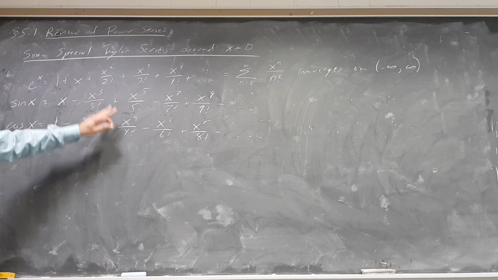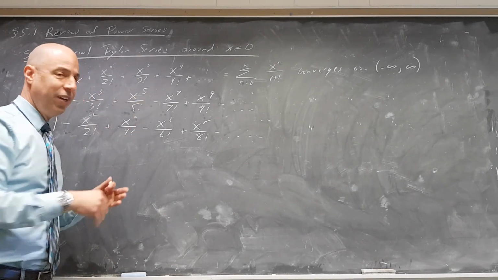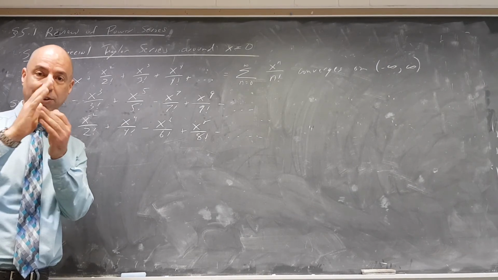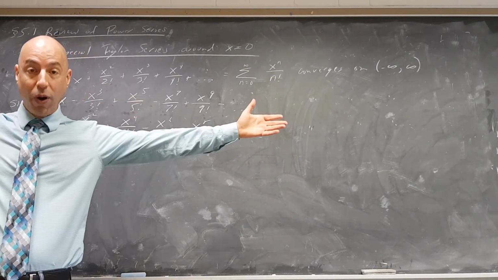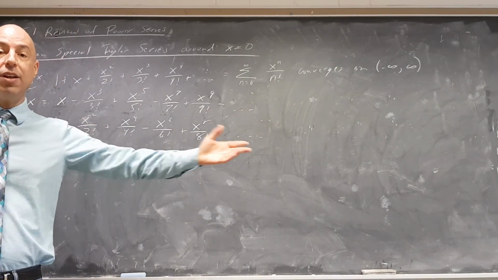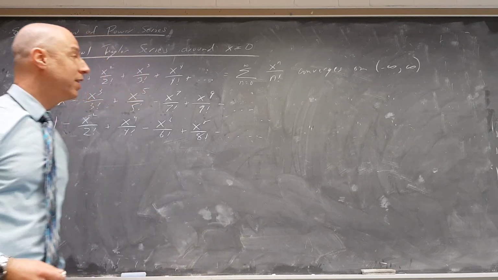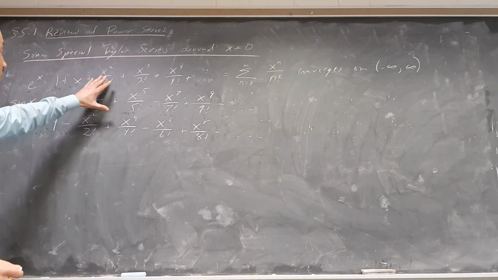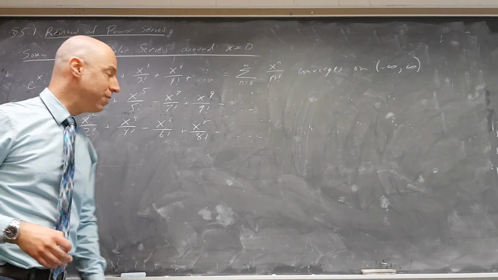These are all centered at x equals 0. And so it's possible, just by looking at this, that it converges just at x equals 0, or an interval centered at x equals 0 that's finite, or an infinite interval, in other words, negative infinity to infinity. And all three of these converge on negative infinity to infinity. So you can use these for any value of x you want from negative infinity to infinity.